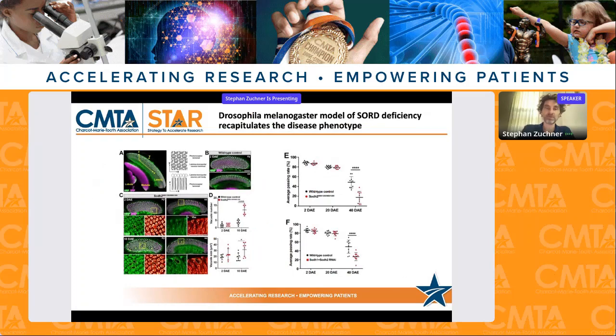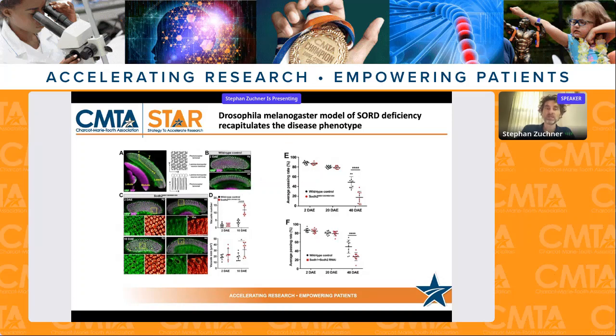Now, how can we prove this more? To shortcut things, we didn't develop a mouse model, which sometimes takes many years. We went into a fruit fly model, or Drosophila melanogaster. In these flies, you can study this. They have the same gene, they have the same pathway.